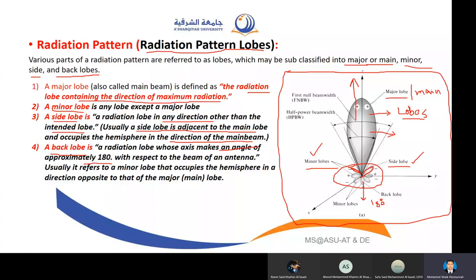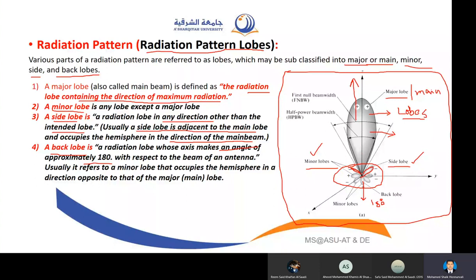So the main direction is the major lobe or main lobe. The lobe exactly opposite to this, 180 degrees opposite, is the back lobe.